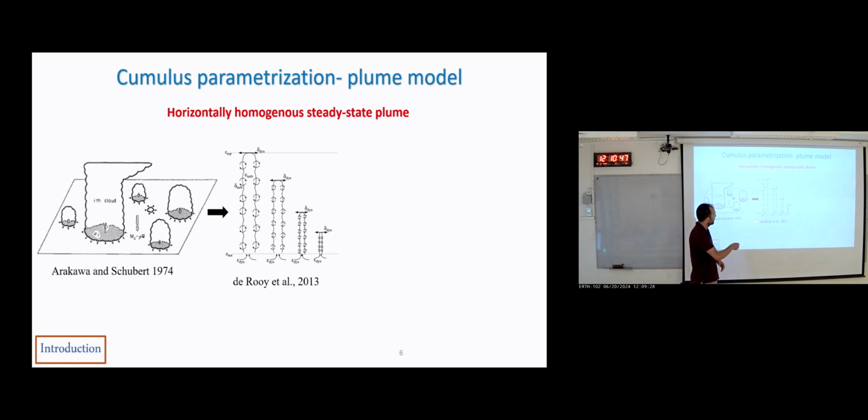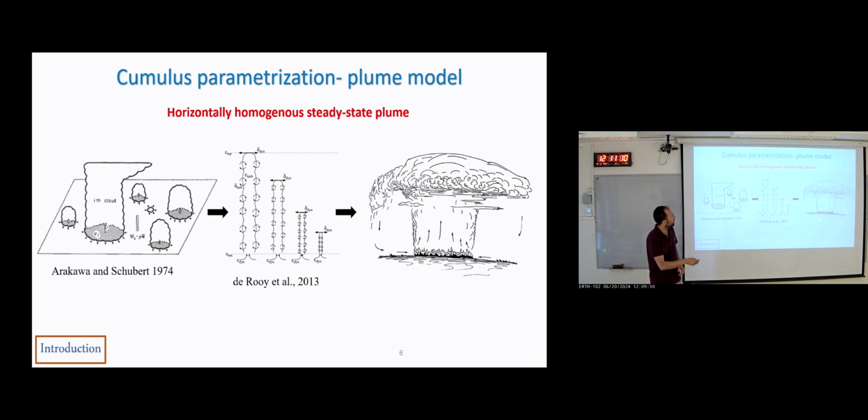We assume there is a cloud base, air coming in, entrainment of air, where air comes into the cloud from the cloud base and is entrained out of the cloud top, and you have some turbulent small-scale mixing across the column of the cloud. Then you have all kinds of different size distributions of clouds, and this is basically how we parameterize clouds, all based on this horizontally homogeneous and steady-state plume. Steady-state, I mean quasi-steady state, of course.